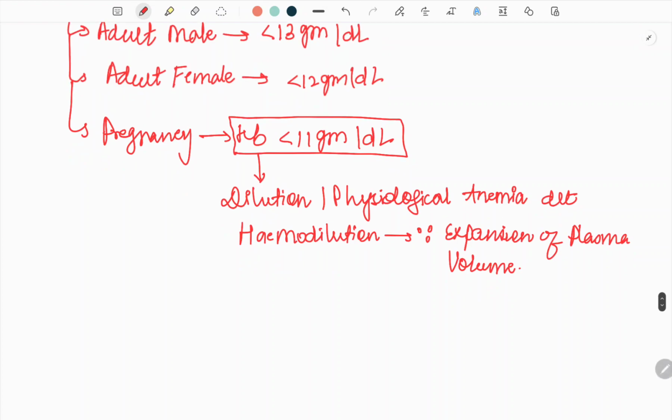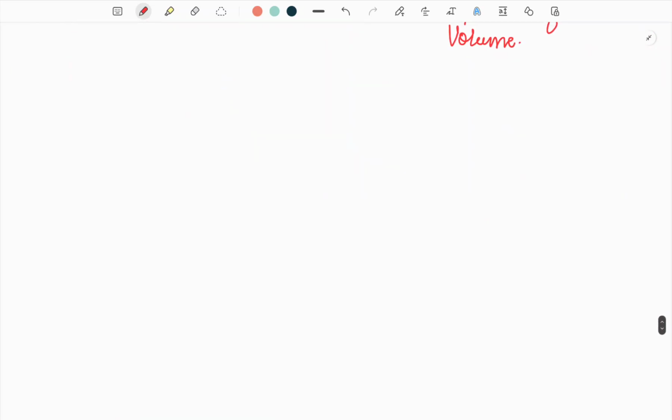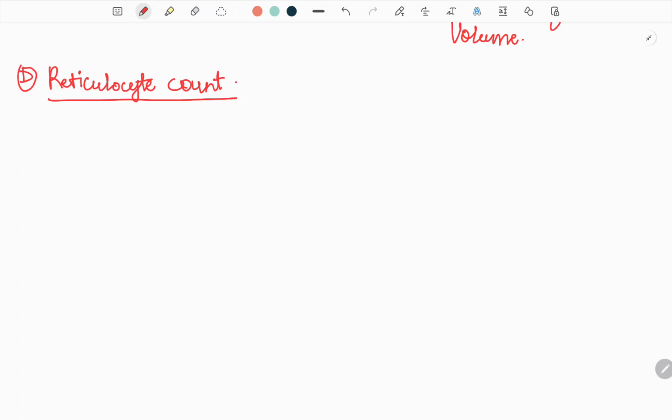Now, after discussing all these things, I think now it's the time that we should look into the core concept of reticulocyte, reticulocyte count and all. Okay.